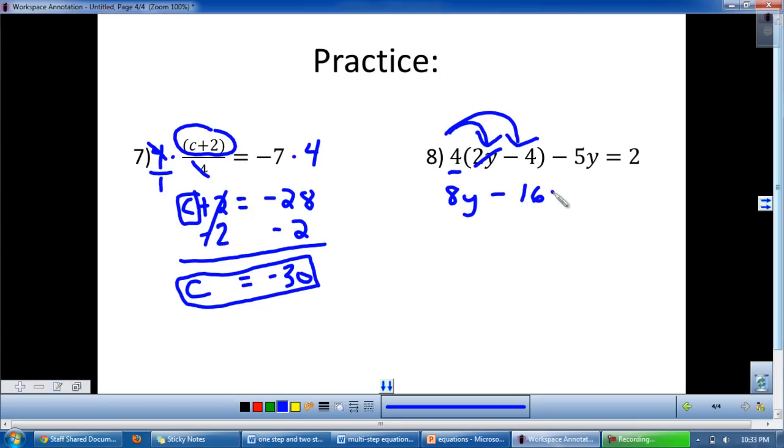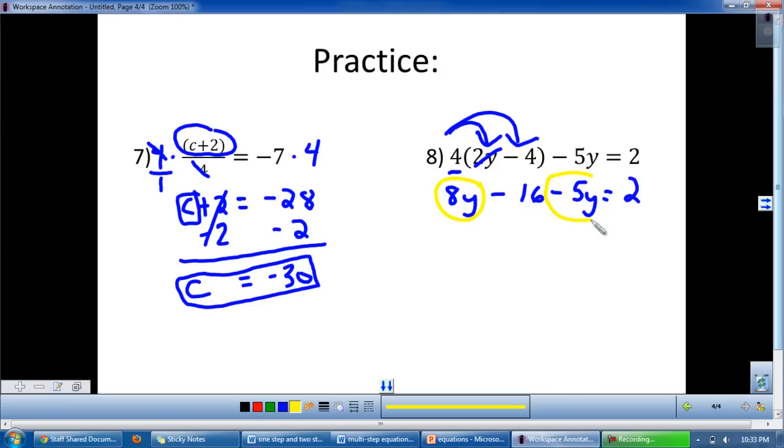We're going to bring down the minus, bring down 5y equals 2. Do you remember what's the next step? Right, combining like terms. So what we're going to do is we're going to circle the like terms, and watch here, you have to be careful.